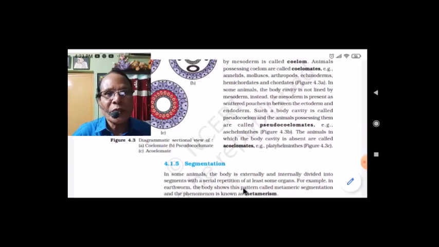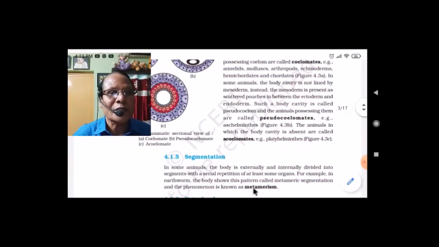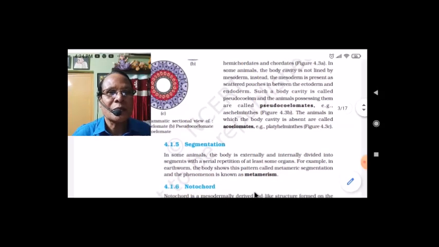A pinch of digestive, a pinch of circulatory, a pinch of reproductive, a pinch of excretory, like that in each segment. Such a phenomenon is called metamerism. Metamerism is the linear division of the body into many segments with a serial repetition of at least some organs. Animals with segments are called segmented animals, and others are non-segmented.